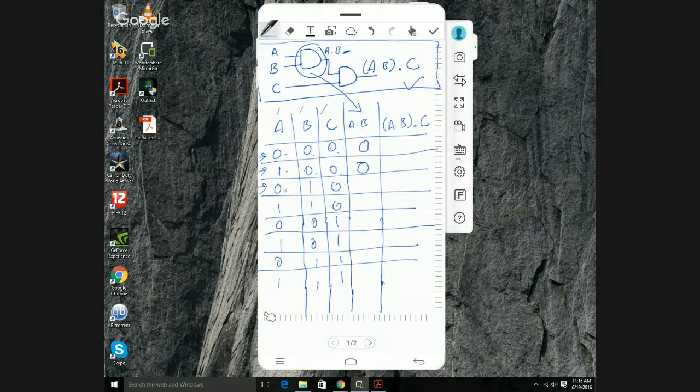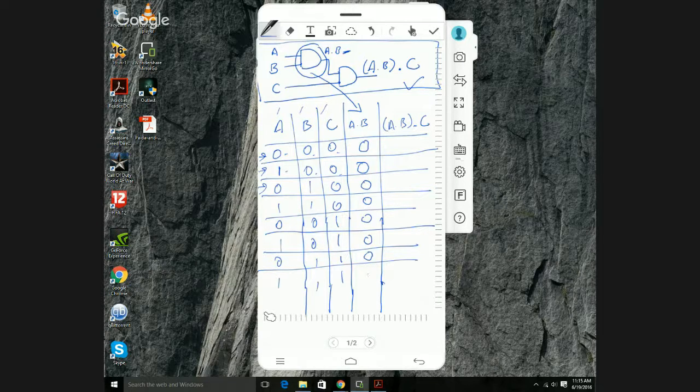Again, if there is only one 0 in the combination, the answer will be 0, because you multiply A with B and with C. You multiply 1 with 1, okay, 1. But if you multiply all these ones with the 0, you'll get 0. Because we have one 0, 0. Alright, still 0.